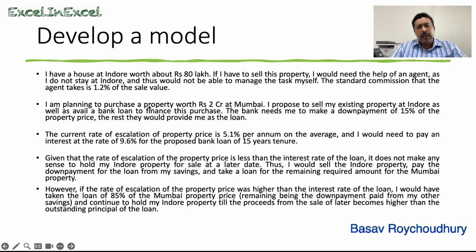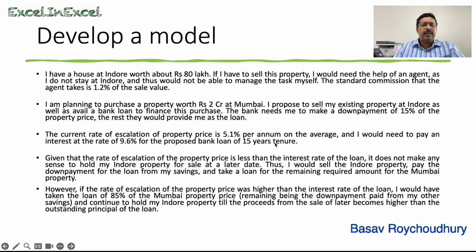When I look at this, selling one property to buy another, I also googled and found out the current rate of escalation of property prices, and it is about 5.1% per annum on average. And when I approached the bank for a loan to buy my property in Mumbai, I realized that I have to pay an interest rate of 9.6% for the proposed bank loan of 15 years tenure.